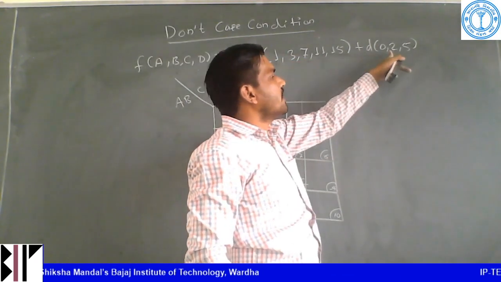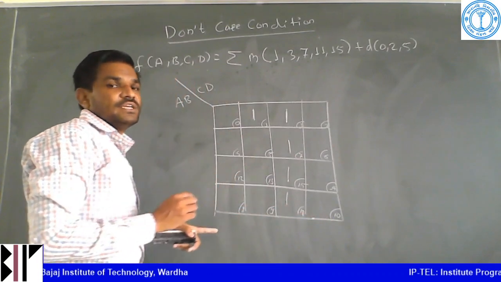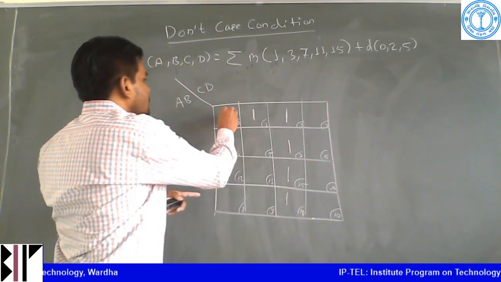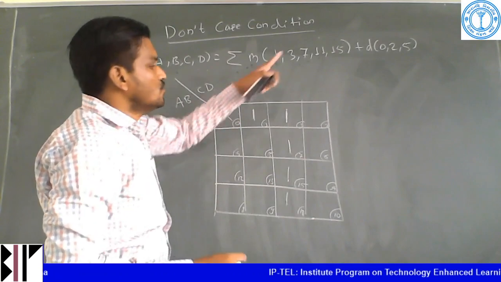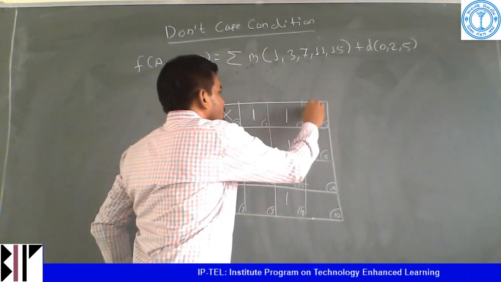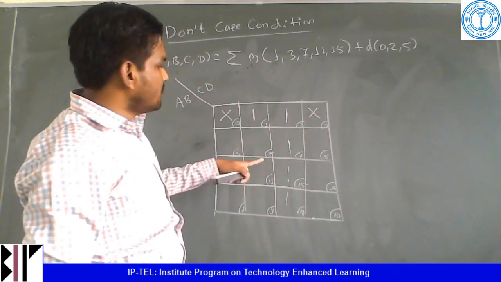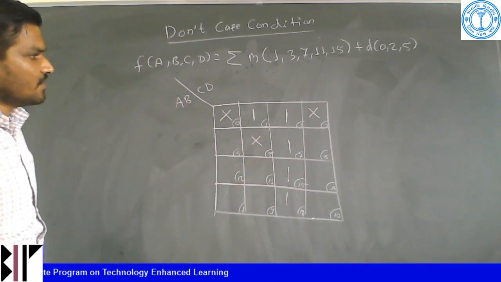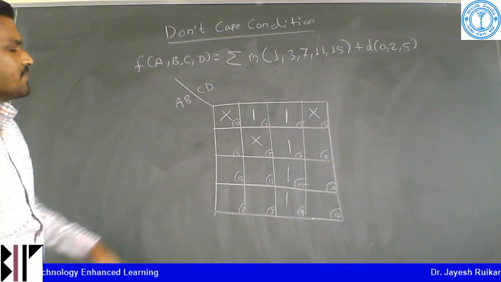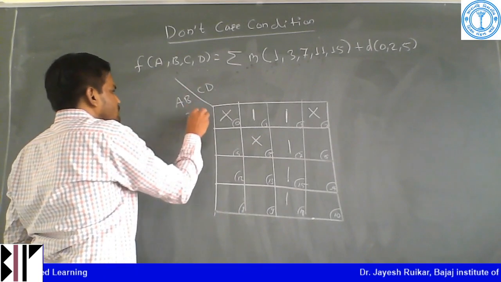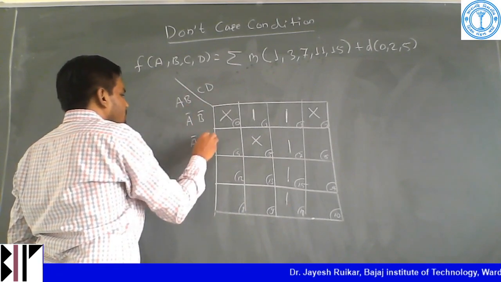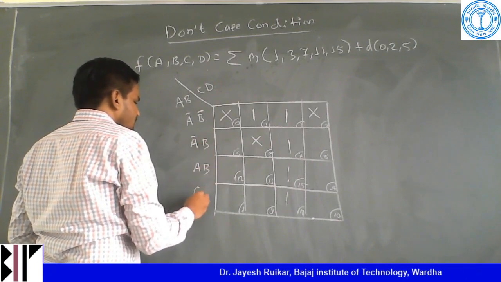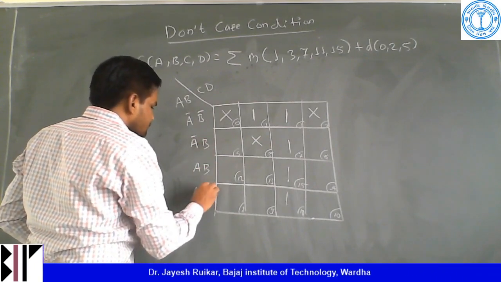Now for don't care I have to write a cross mark. So d 0, 2, 5. So 0 here, then 2, this is my 2, and then 5. So this is 5. Now I'm writing the variable names also: A bar B bar, A bar B, A B, and then A B bar.